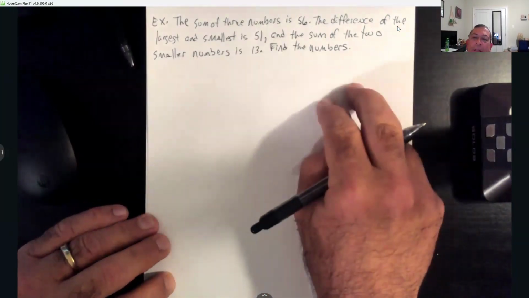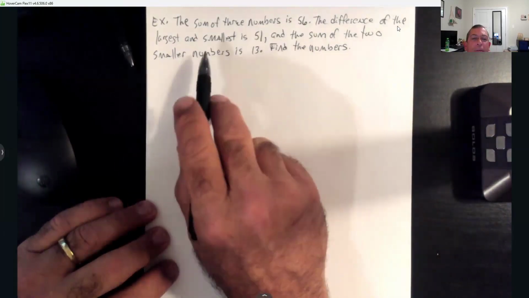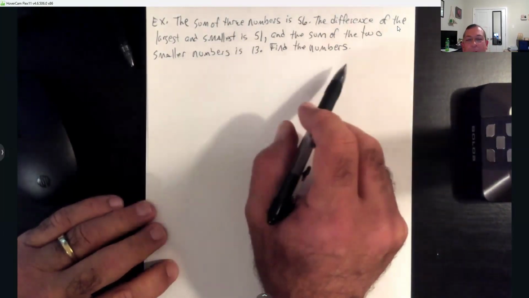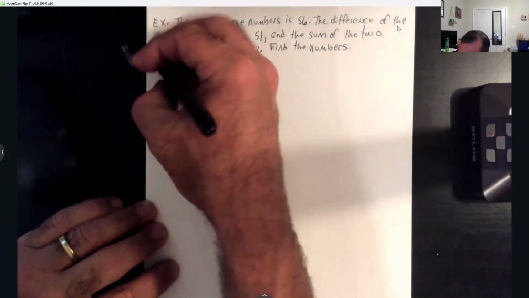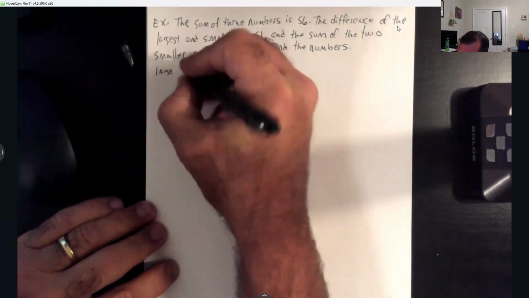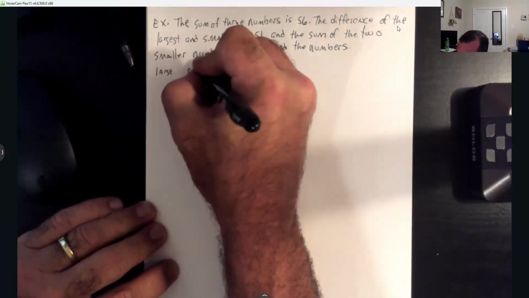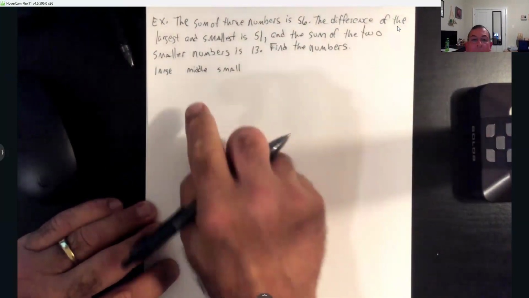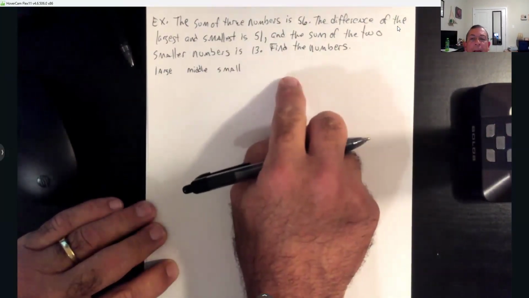So when I do this one, and you're dealing with three numbers, a large number, a middle number, and a small number, I make my columns like this. I'm going to do my largest number first, then my middle number, then my smallest number, and then that'll equal whatever I get.